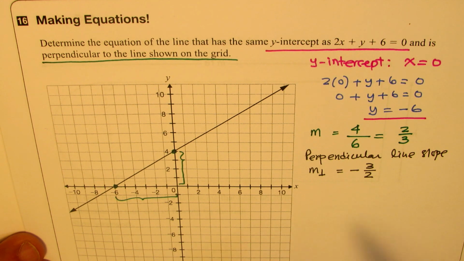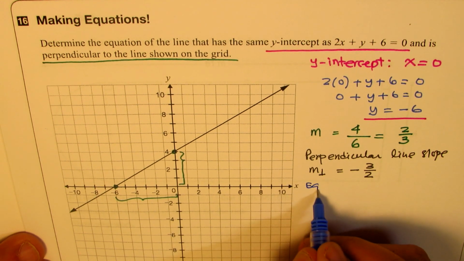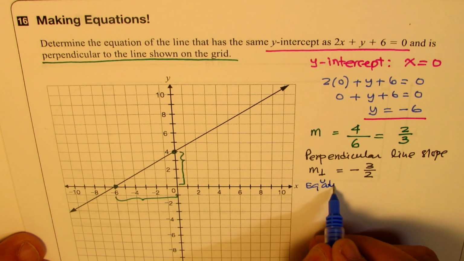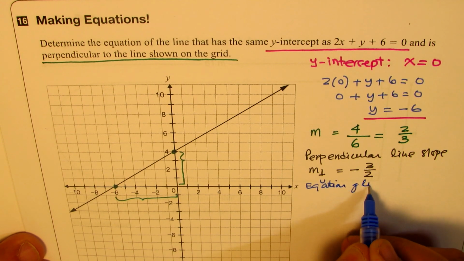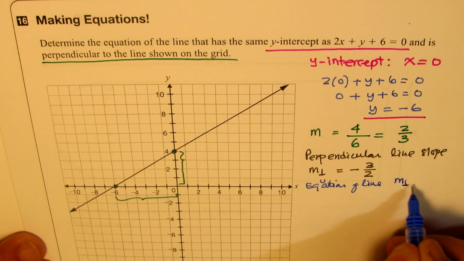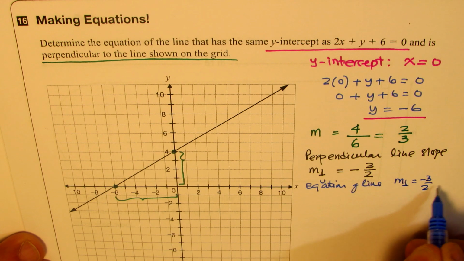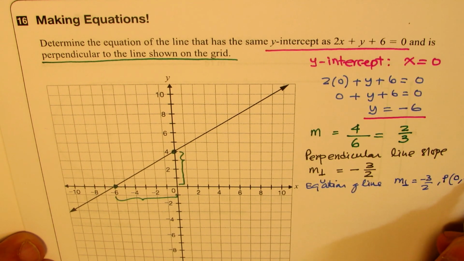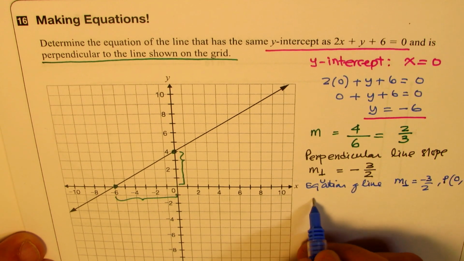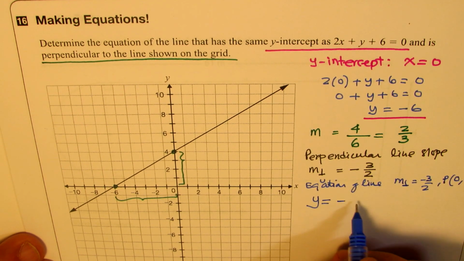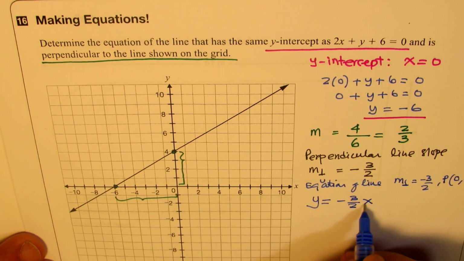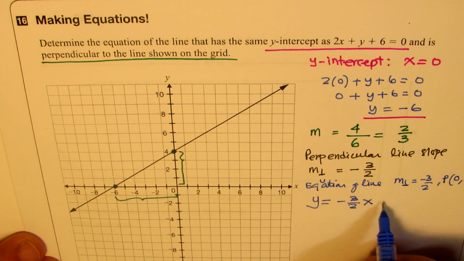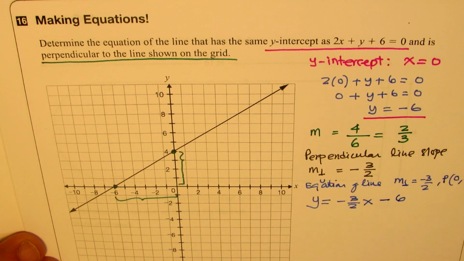We can now write down the equation of the line which has slope minus 3 over 2 and goes through the point 0, minus 6, the y-intercept. That is basically y equals minus 3 over 2 x, and that is your y-intercept, minus 6. So you get your equation.